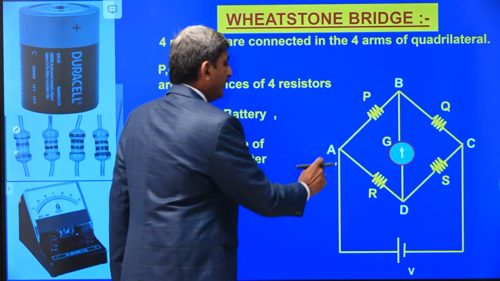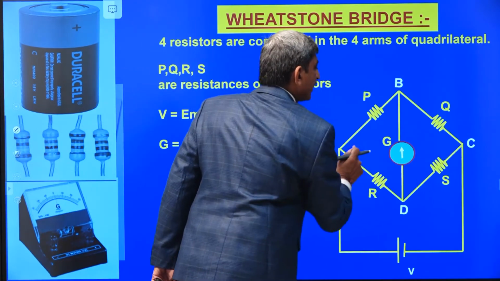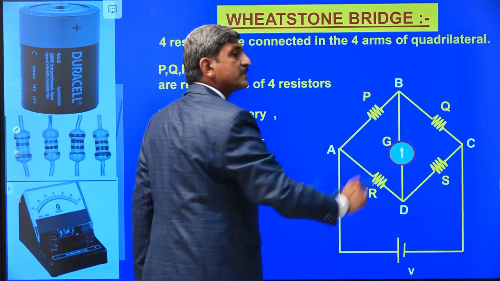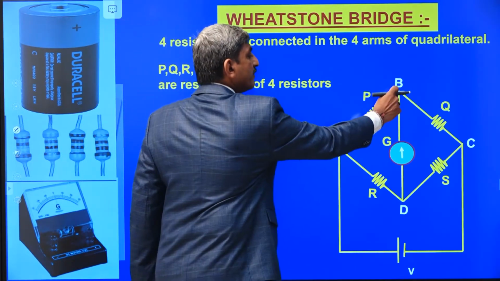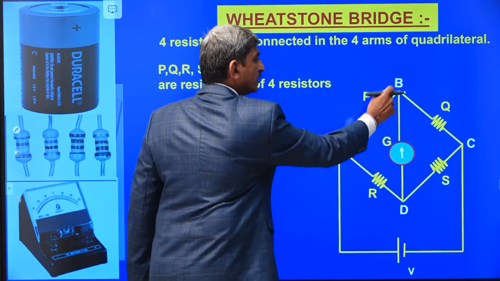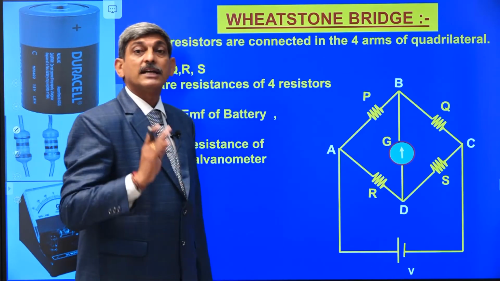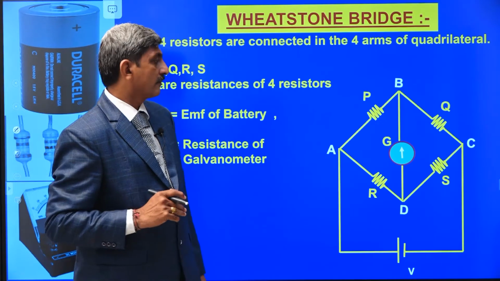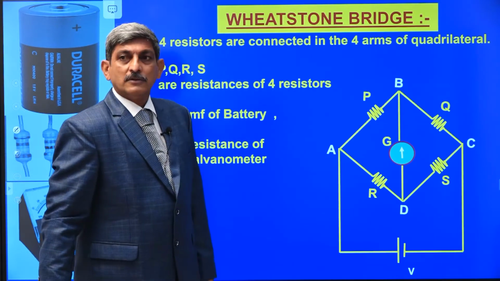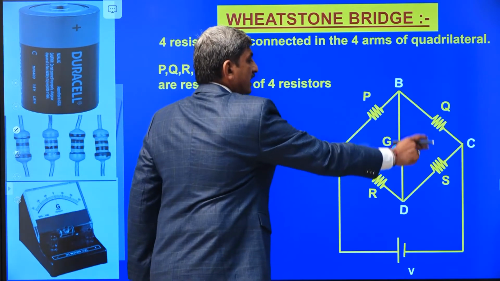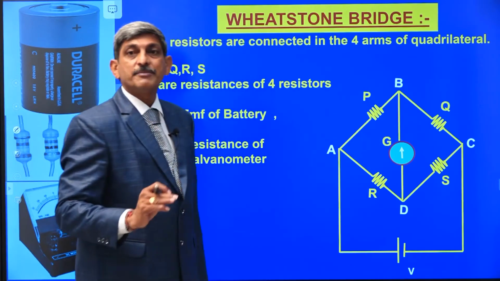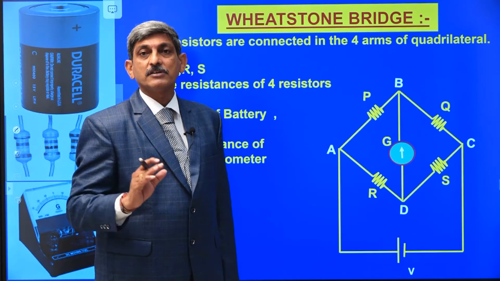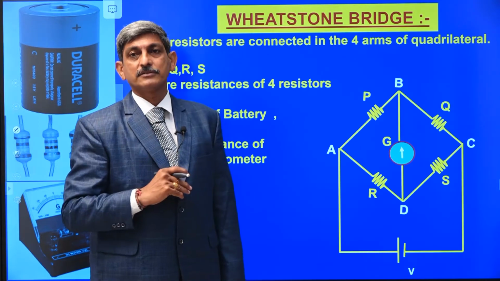Here, we connect the battery across these AC terminals, so the AC side is called the battery arm. We connect the galvanometer across the BD terminal, so this BD side is called the galvanometer arm. Now, this network consisting of 4 resistors, galvanometer and the battery is named the Wheatstone bridge network or Wheatstone bridge circuit.